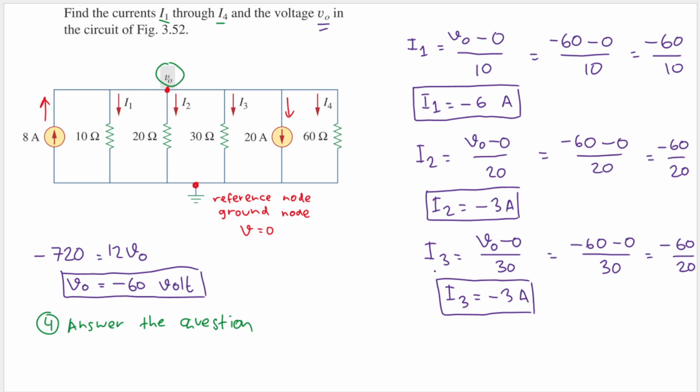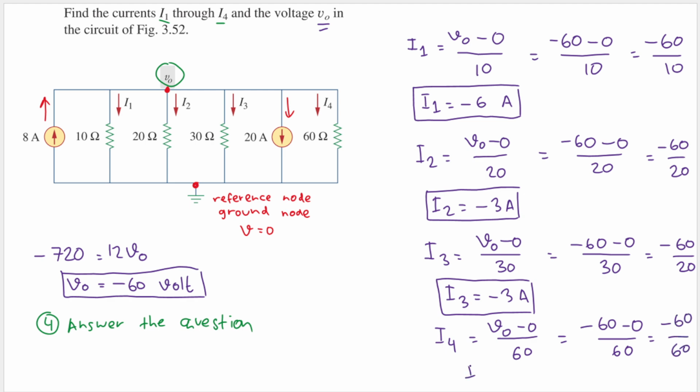And then we do the same for I4. V0 minus 0 divided by 60. So minus 60, no, don't make any mistakes in the last part, minus 60 divided by 60.